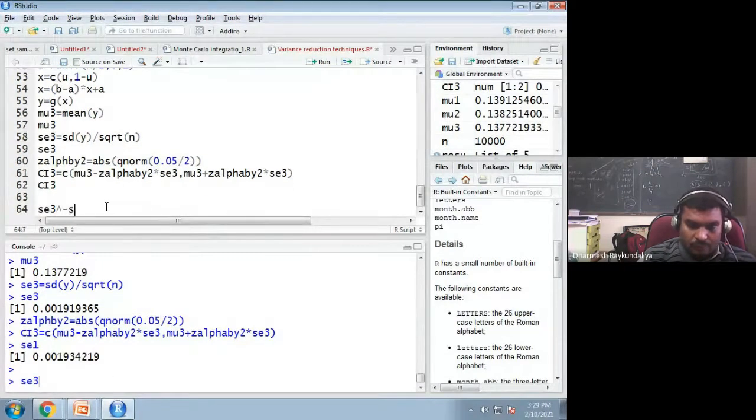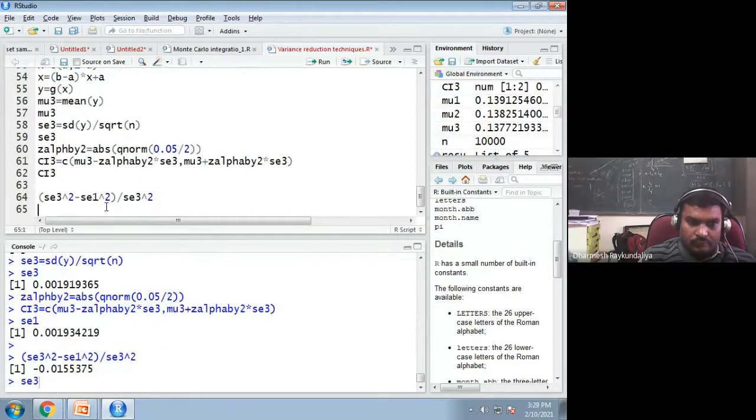So we can see that SE3 square minus SE1 square divided by SE3 square. So you can see that there is a reduction in the standard errors.